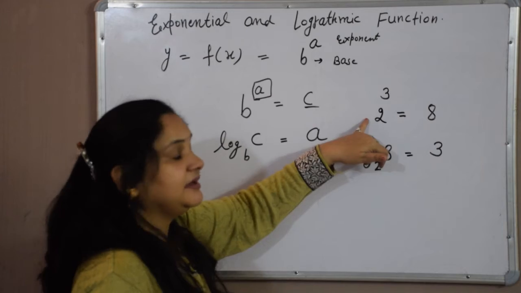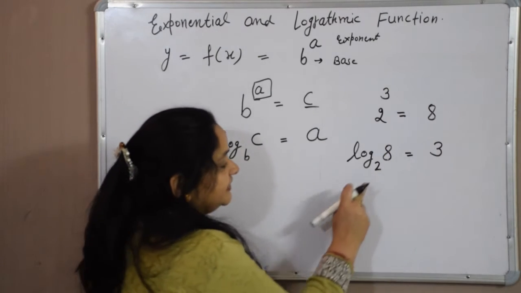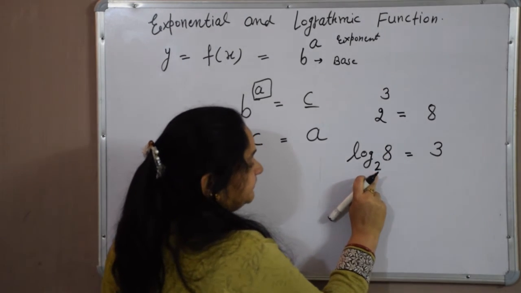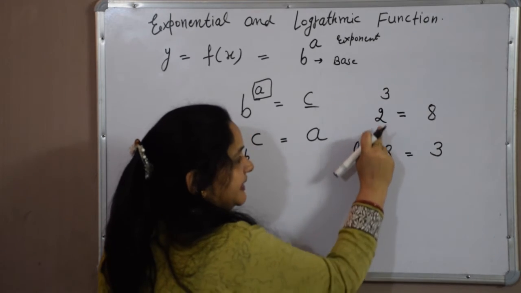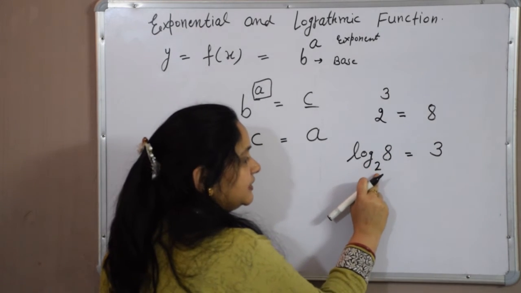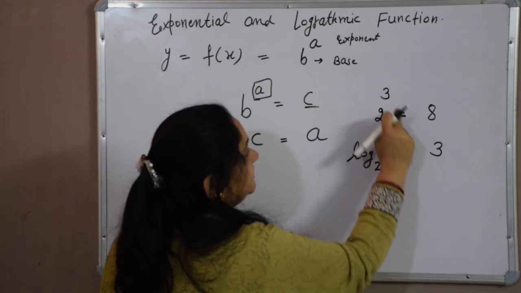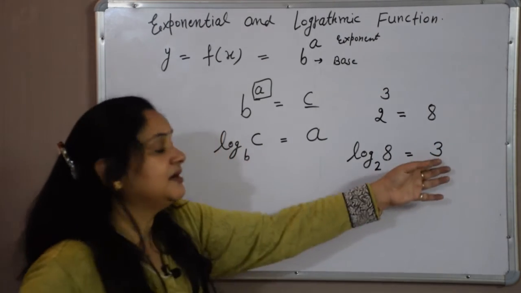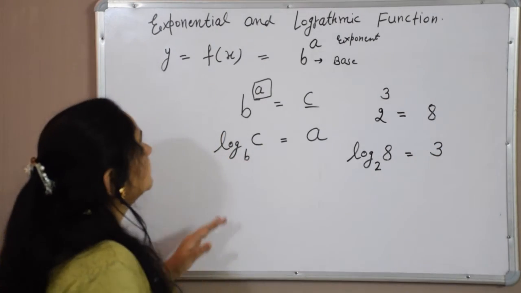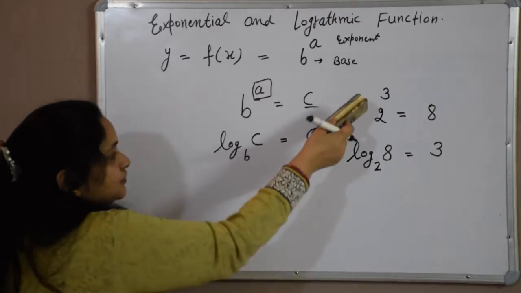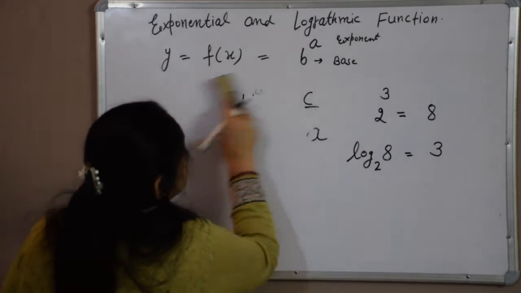The base is the same here, 2, written as a subscript, and we call it the base also. Log of 8 to the base 2 equals 3. So whatever our power is becomes the answer here. So this is the definition of log and exponential function.